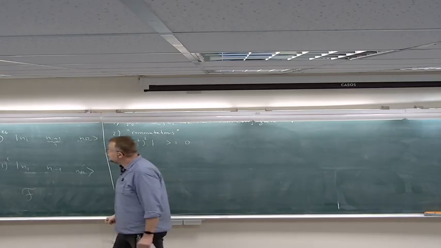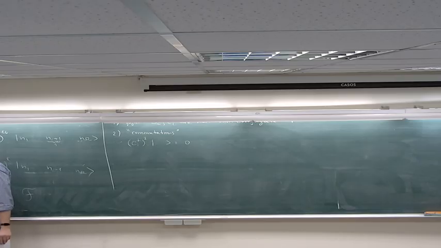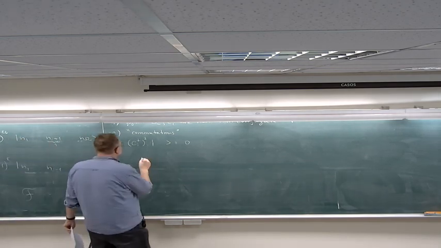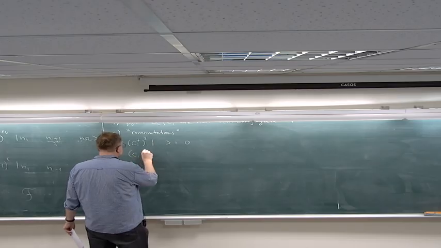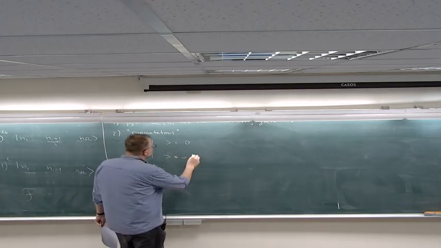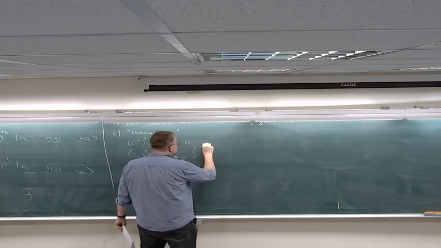Because if it was at the beginning 0, then the first guy will put it 1, and according to the definition, the second one should put it to the 0. And if it was already not 0, then already the first one kills it. Okay, so obvious. So this operator is nilpotent. It's called like that. So we can say this is 0 for arbitrary of this vector. So those operators are nilpotent.